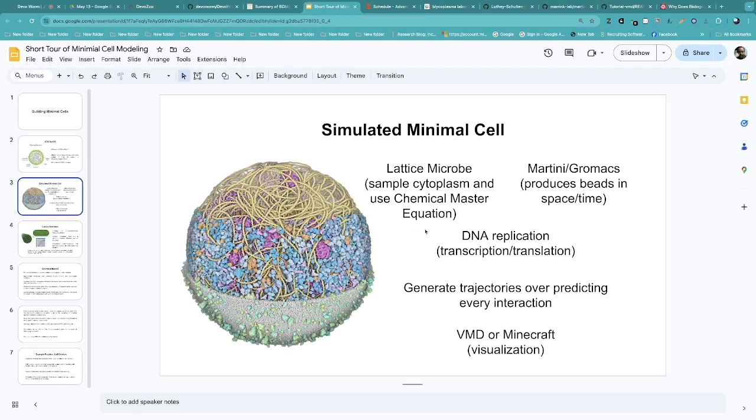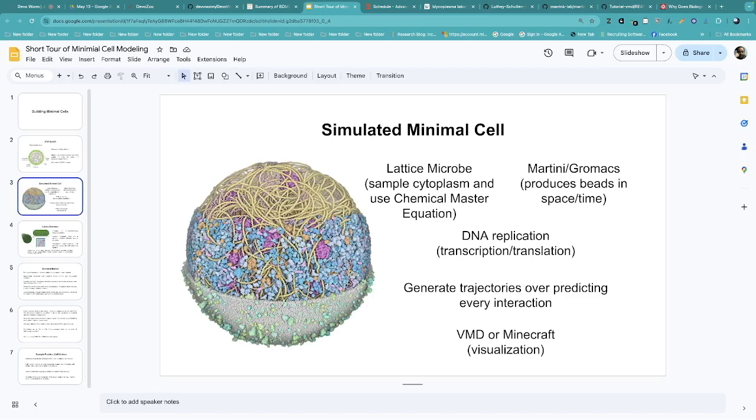You can also use something called Martini or Gromacs, which produces beads. So you can either have this lattice, which is like a bunch of points, kind of like a triangular mesh or some sort of rectangular mesh that covers the entirety of the vesicle, and you can actually put things inside that mesh, so you can have like a triangular motif, and there are things inside of that, and you model that as a unit of the cell.